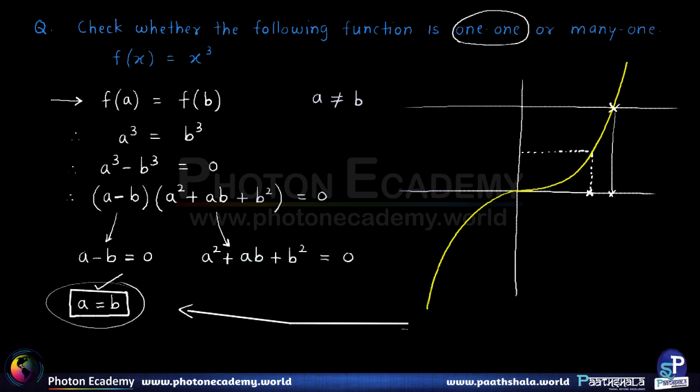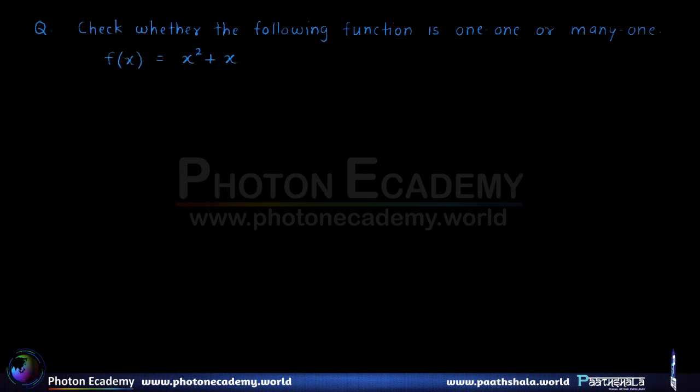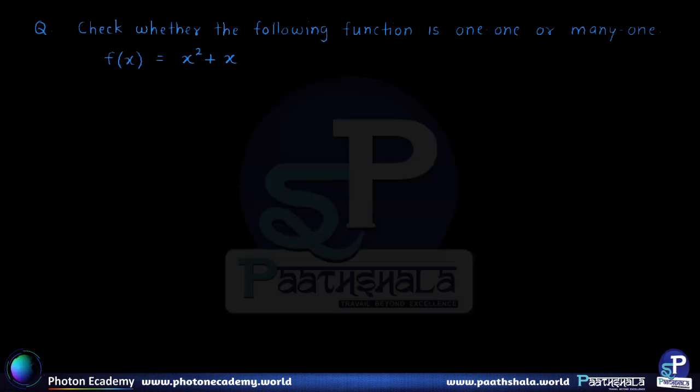Now let's go ahead and solve another question. Now here also we have to check whether the following function is 1-1 or many-1. Now here we start off with the assumption that let f of a be equal to f of b, where a is not equal to b.